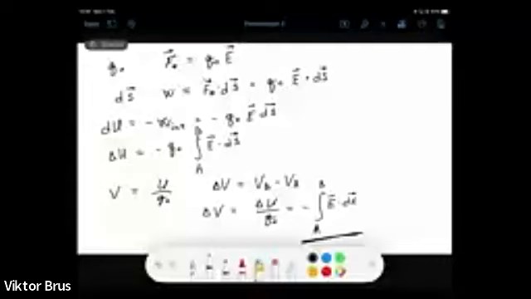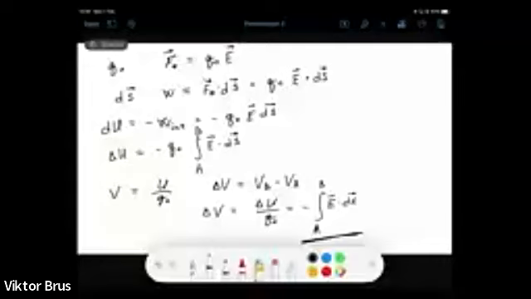So now let's express work done by electric field on a test charge in terms of change of potential. We can try it on the next slide.